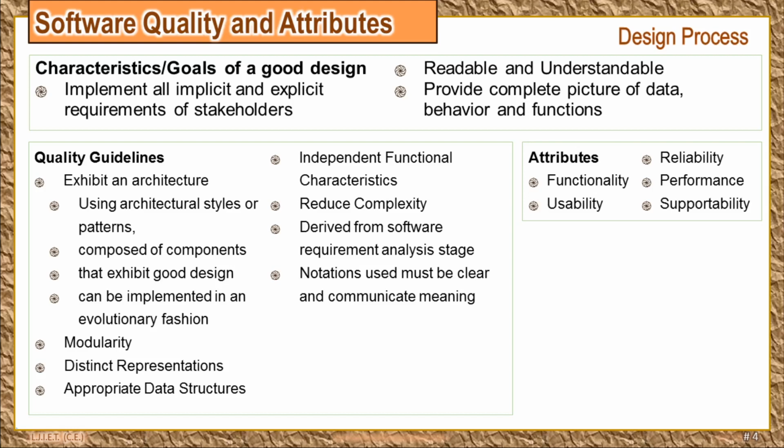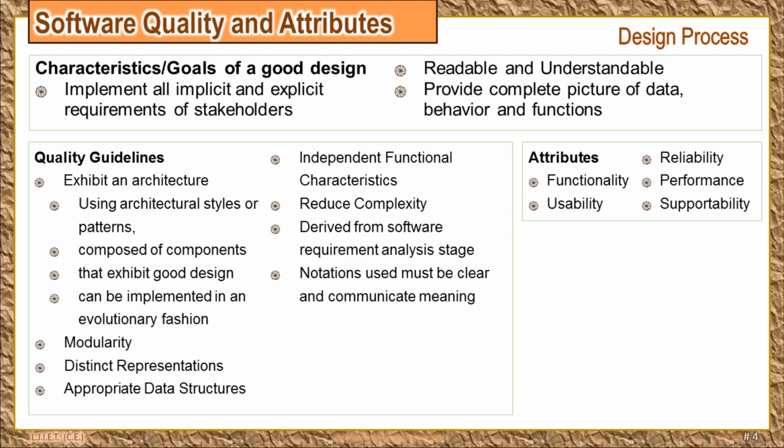You can say these are sort of design principles. Throughout the design process, the quality of the evolving design is assessed with a series of technical reviews. Three characteristics serve as a guide for the evaluation of a good design.